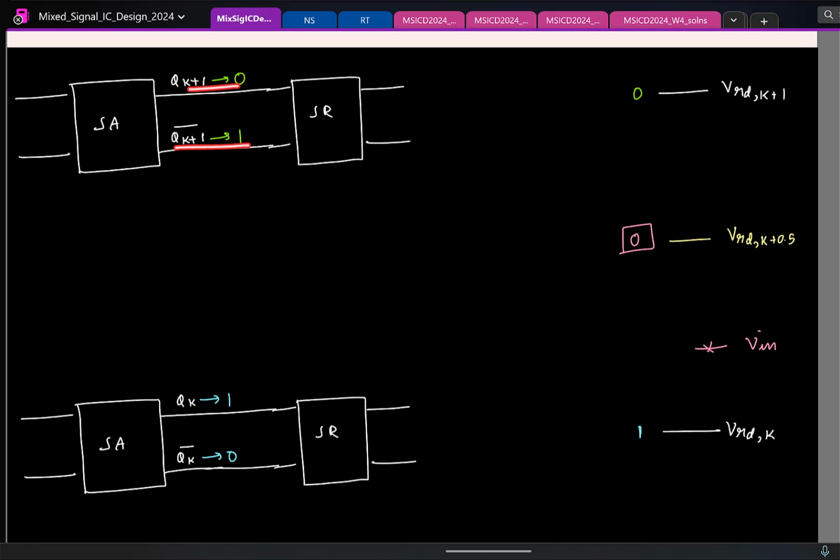The complement goes to 1. If I sketch this, remember initially this is the output of the strong arm latch. Initially the outputs are reset to what voltage? Initially both outputs are reset to VDD, and then one of them goes to 0. So here the Q goes to 0, the Q bar goes to 1.